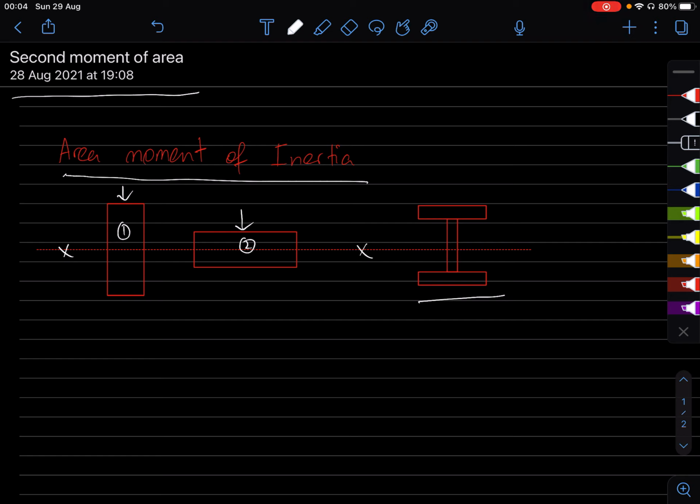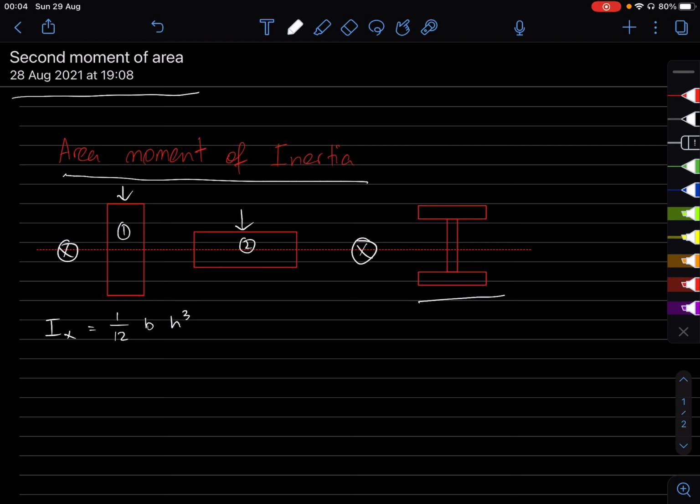The formula for area moment of inertia is Ix, so that's bending around the x-axis, equals 1 over 12 times the base times the height cubed. Let's give these shapes some values.